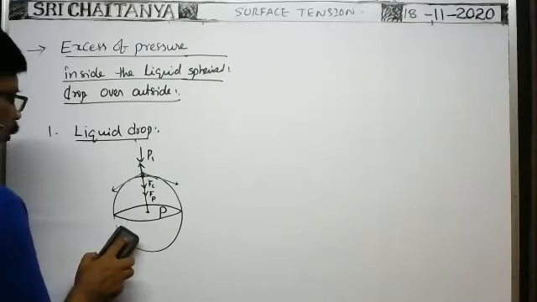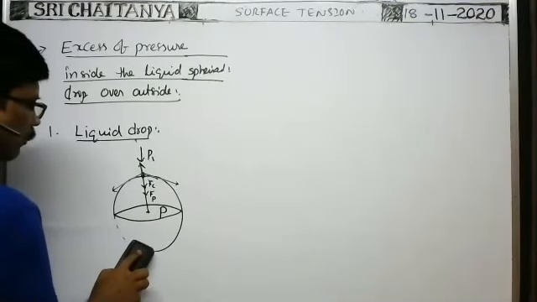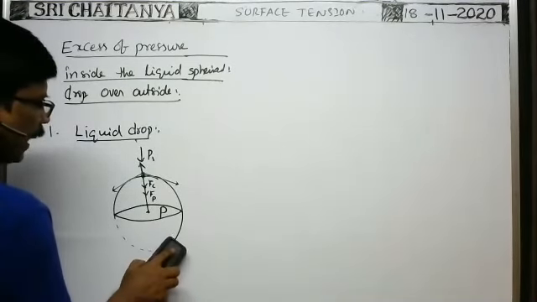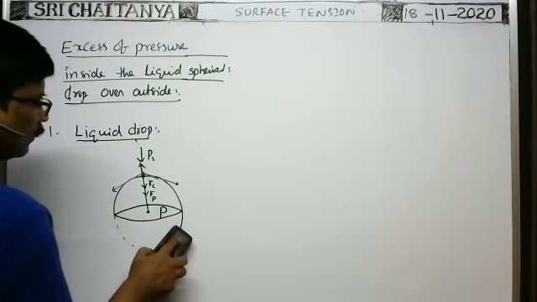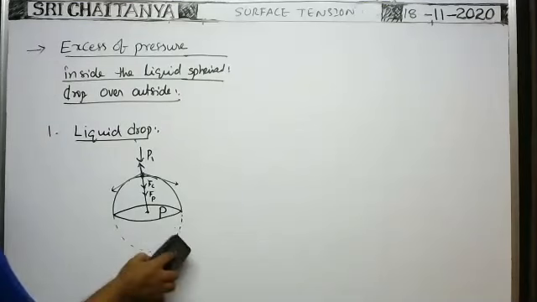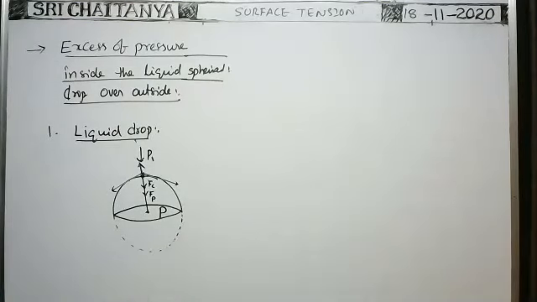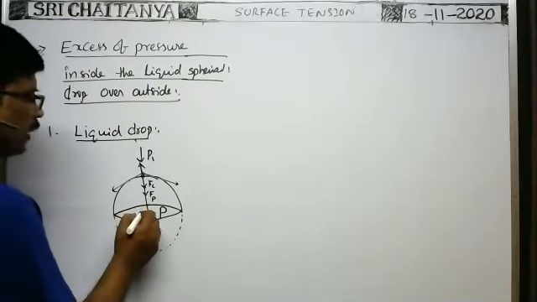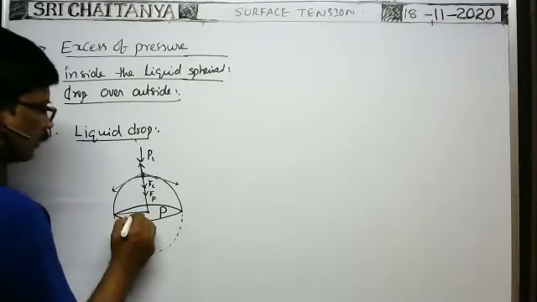Now you imagine a hemispherical drop of radius r.